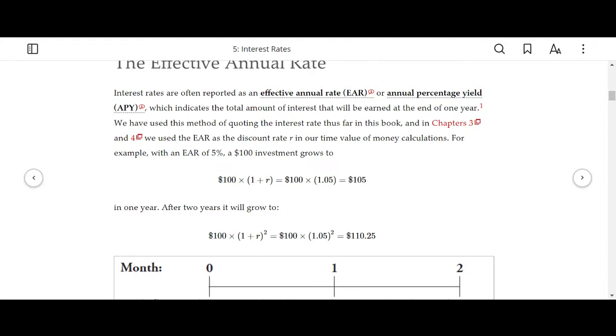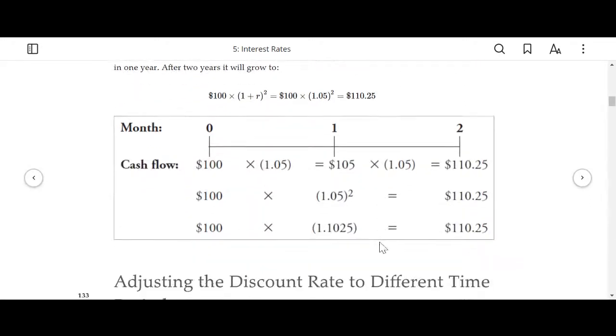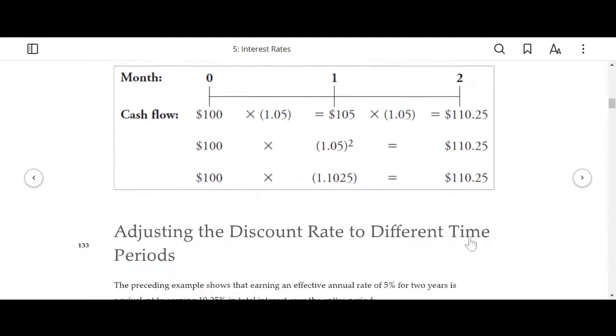So on a yearly basis, if it's 5%, you're going to earn 105. And then the following year, you're going to earn interest not on 100, but on 105 squared, right? Which comes out to 110.25. That's how it works with the interest. And if you were to square this, you'll come out with this number, which is the same thing, right?